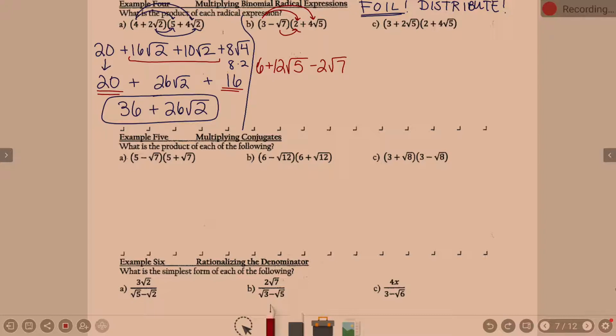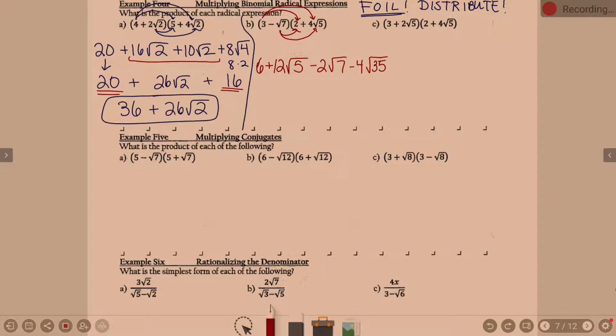And then last, I'm taking the negative square root of 7 and distributing it to 4 square root of 5. My outside pieces, it's a negative times a 4, which is going to make it negative 4. Square root of 7 times square root of 5. Square root of 35.